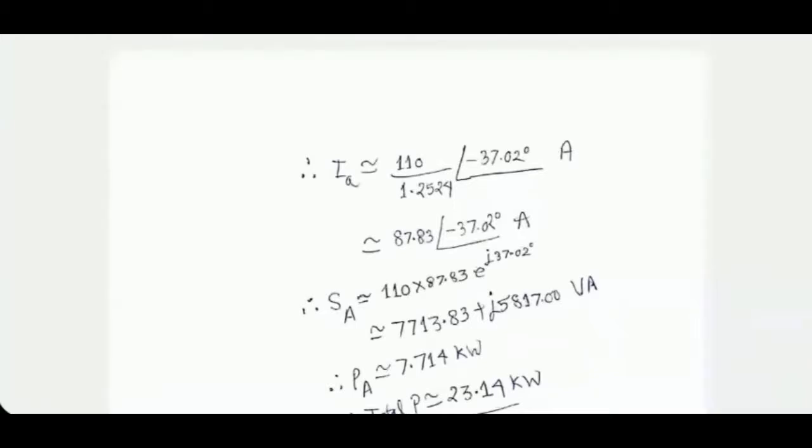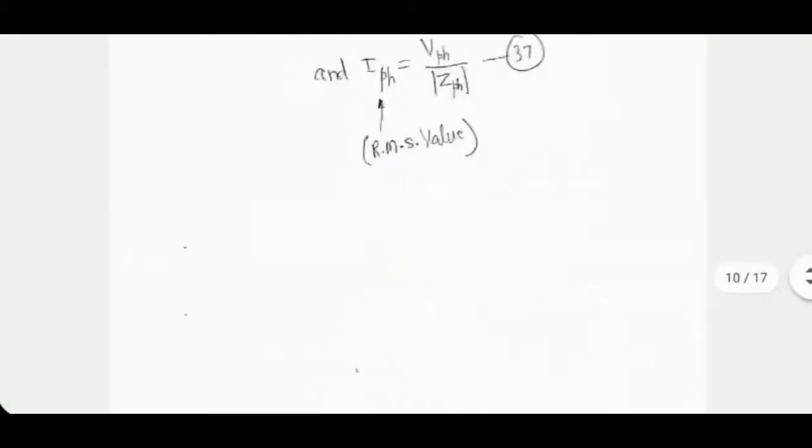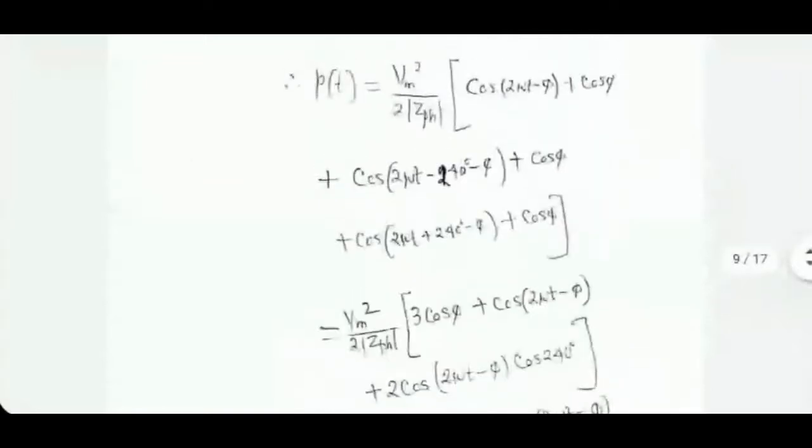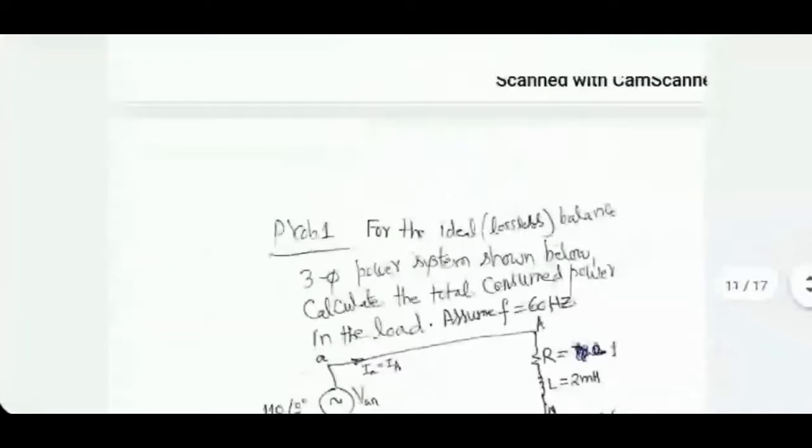So the real part, which is called P or PA for phase A, is the consumed power or actual power or active power. It turns out to be almost 7.714 kilowatt. They want only active power, I think, power consumed. Yeah, they don't want the reactive power, which is fine.